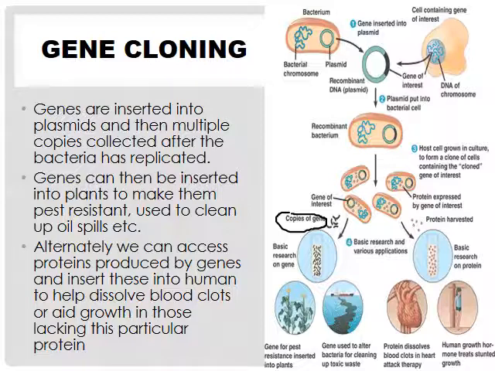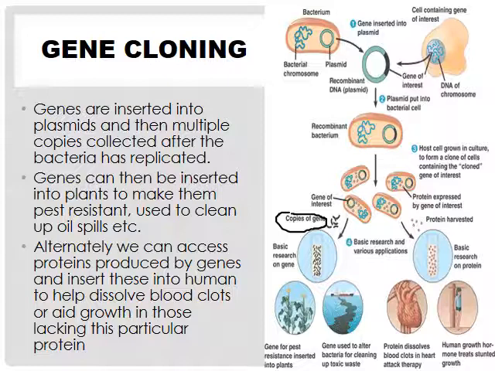The other thing we can do is we have the bacteria cells which have been cloned to have the gene of interest. We turn the gene of interest on so the bacteria cells start producing the protein that is coded for by the gene of interest. And then with that protein, we can conduct research on the protein, or we might actually extract the protein from the bacteria cells, and we can use them in humans, for example.